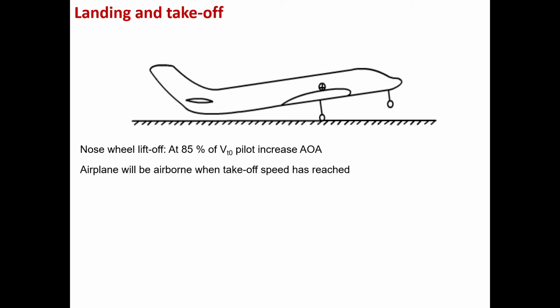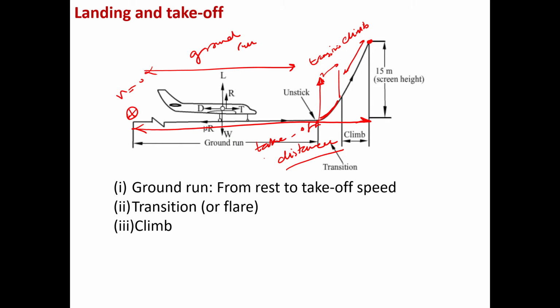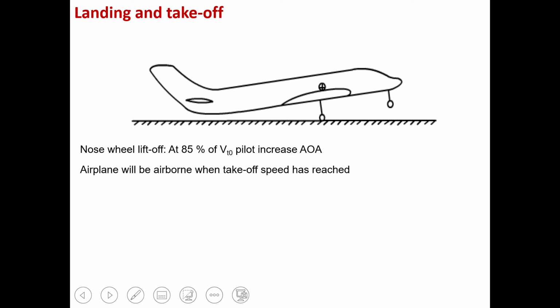But before doing that, keep in mind that this velocity is called VT0. That's the initial takeoff velocity, if you will, the velocity at the on-stick point. The pilot has to get the nose wheel to lift off the ground using the stick.